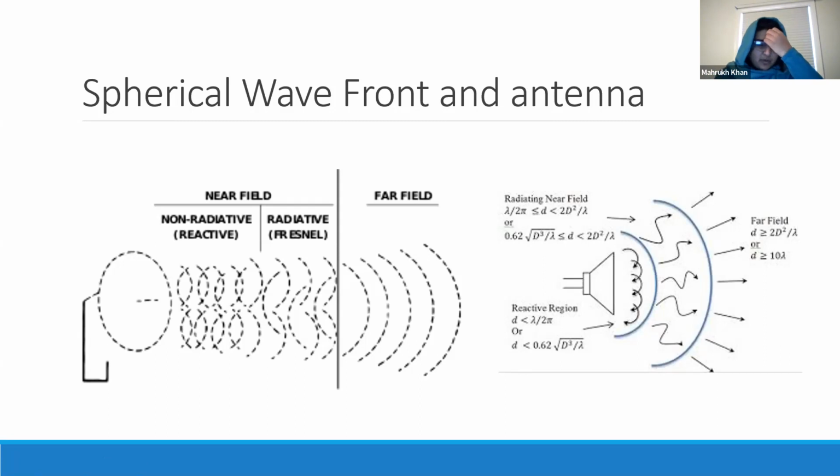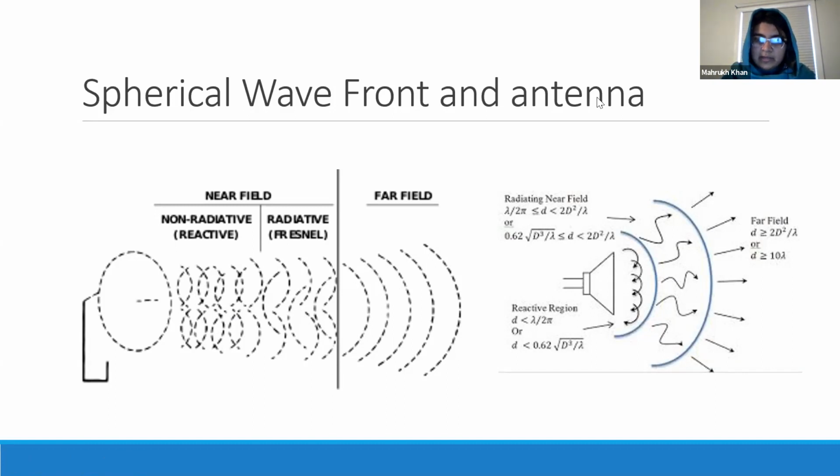It's named after the scientist who discovered it. So that's what I am trying to say, that electric and magnetic fields are trying to warm up themselves. They are not exactly perpendicular, or their points are not exactly in phase, so that they can act as a spherical wavefront, okay, until they come to the far field.